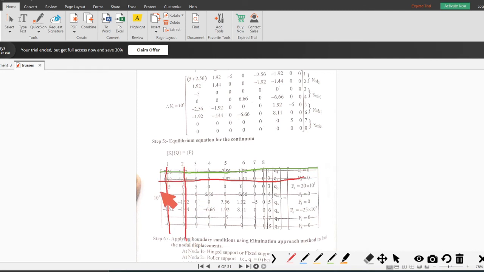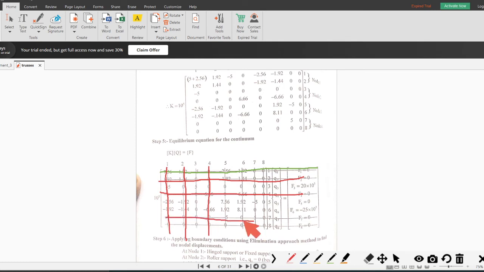Q4 equal to 0, therefore the fourth row. Next, Q5 also 0, no?